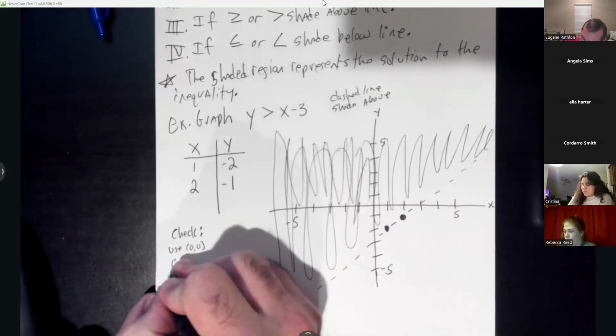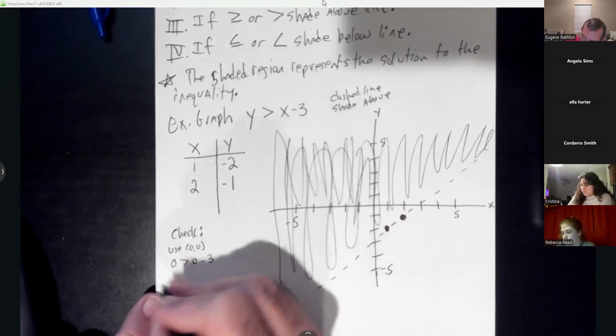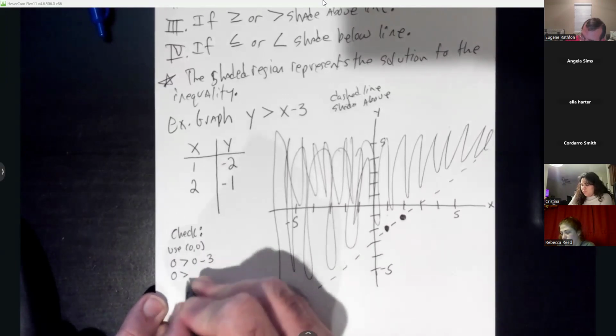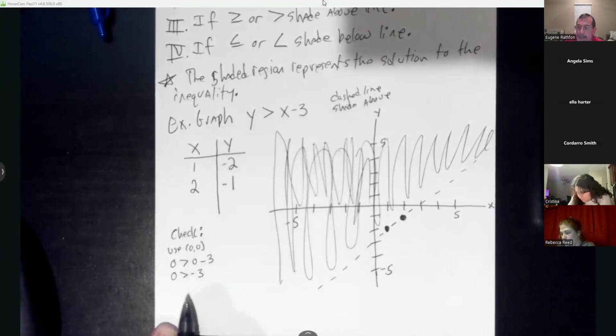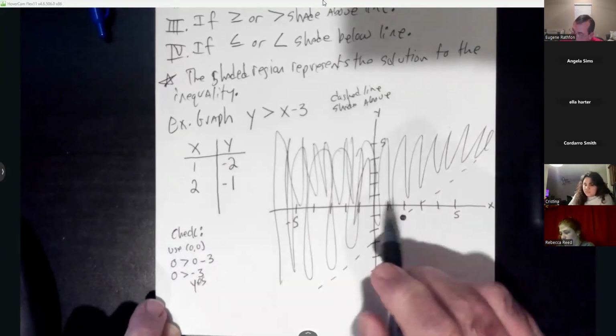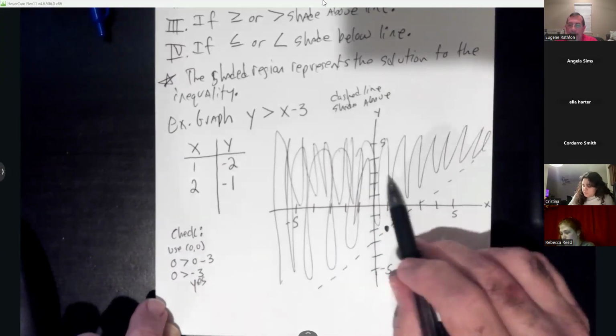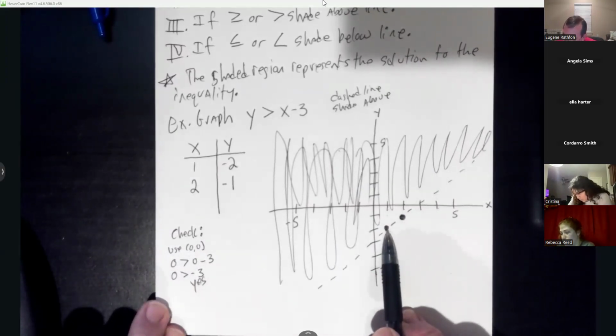So that gives me 0 greater than 0 minus 3. Well, y'all, that means 0 greater than negative 3. Is that true? Is 0 greater than negative 3? That's true. So, you see how any point you pick in here will make it true. But y'all, this point on the line, this was 1, negative 2.